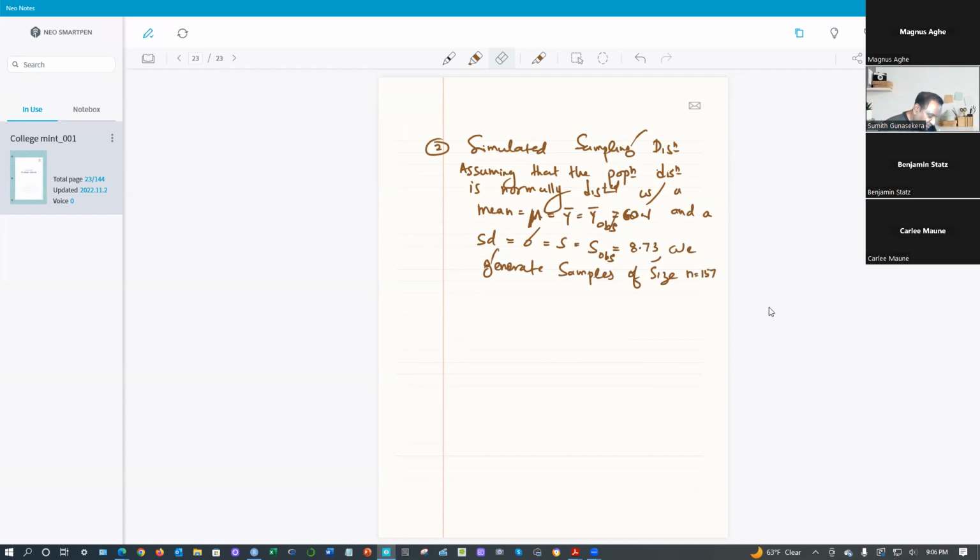I'm going to assume that my population distribution Y, thumb length, is like this, with a mean 60.1 and spread sigma 8.73. I assume this is the population distribution.